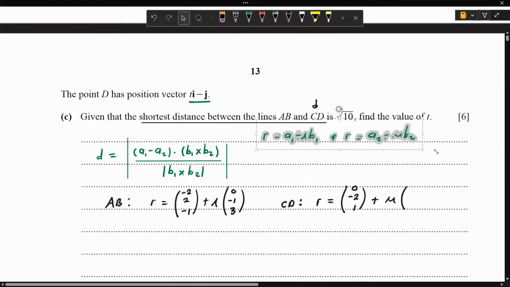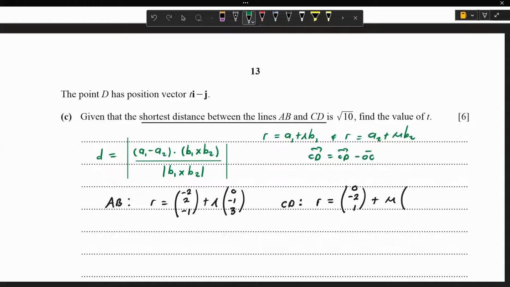So I'll move this a little up. For CD, that's OD minus OC, and OD is here. That's T, minus 1, 0, minus OC, which is 0, minus 2, 1, which will give us t, 1, and minus 1. So we have here t, 1 and minus 1.